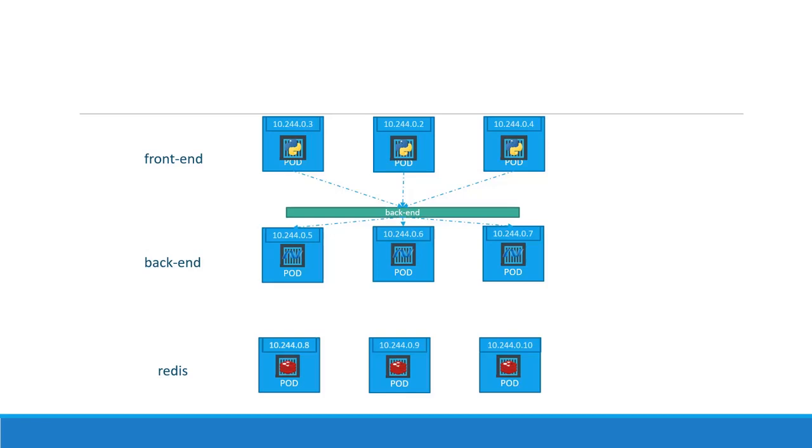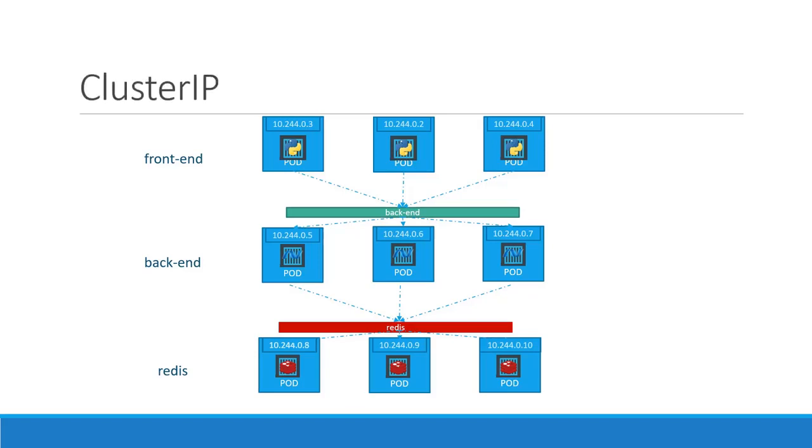A Kubernetes service can help us group the pods together and provide a single interface to access the pods in a group. For example, a service created for the backend pods will help group all the backend pods together and provide a single interface for other pods to access this service. The requests are forwarded to one of the pods under the service randomly.